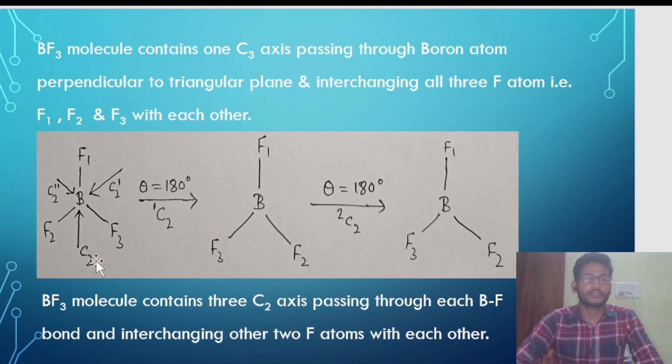When we discuss C2, C2 is passing through BF1 and this imaginary axis interchanges F2 and F3. When we apply this to the molecule, we get this type of orientation, and when we further apply it to the BF3 molecule, we get the last orientation in the case of BF3.